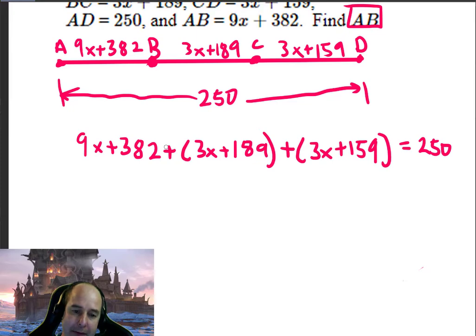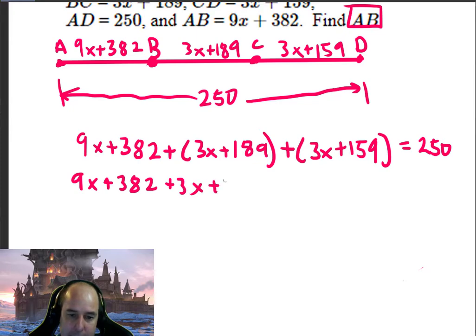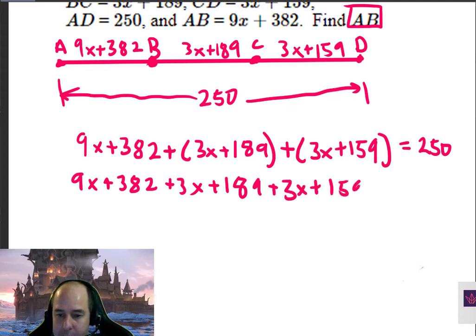So now that I have that, what I'm going to do is distribute in this positive, which basically makes everything just stay the same. So I have now 9x plus 382, plus 3x plus 189. In this case, that parentheses did not matter, and I knew that going into it, but I just wanted you to get into good habits.